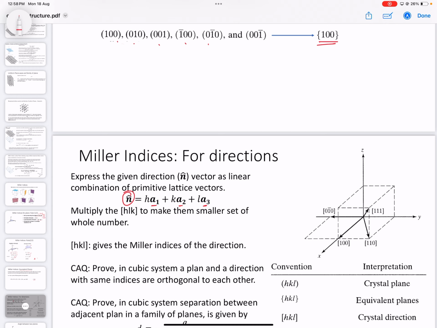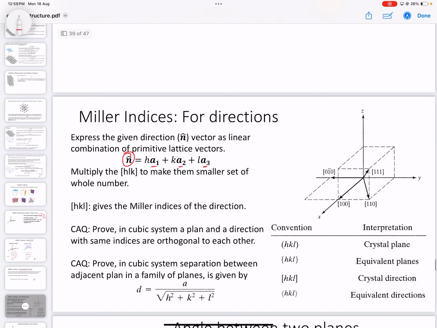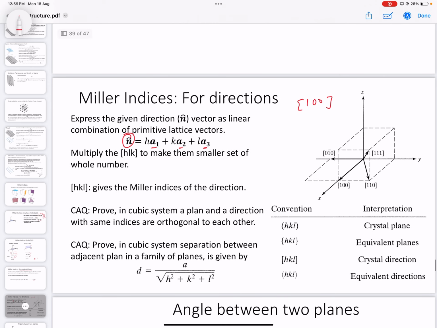If you take any vector, decompose it in the primitive lattice vectors, and whatever HKL you get from that decomposition, you call it a Miller direction, right? And for the direction, you put a square bracket. Let's say [1, 0, 0]. This is a square bracket.